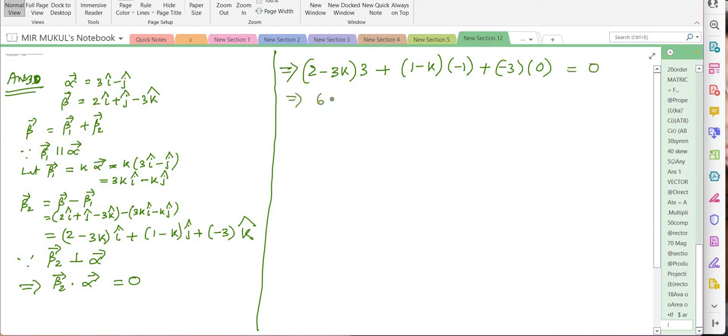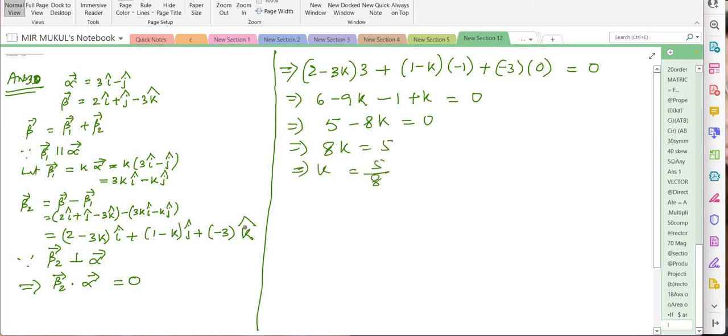So here 6 minus 9k, and here minus 1 plus k equals 0. So 5 minus 8k equals 0. So 8k equals 5 and k equals 5 by 8. It means we got the value of k, so beta 1 we got.